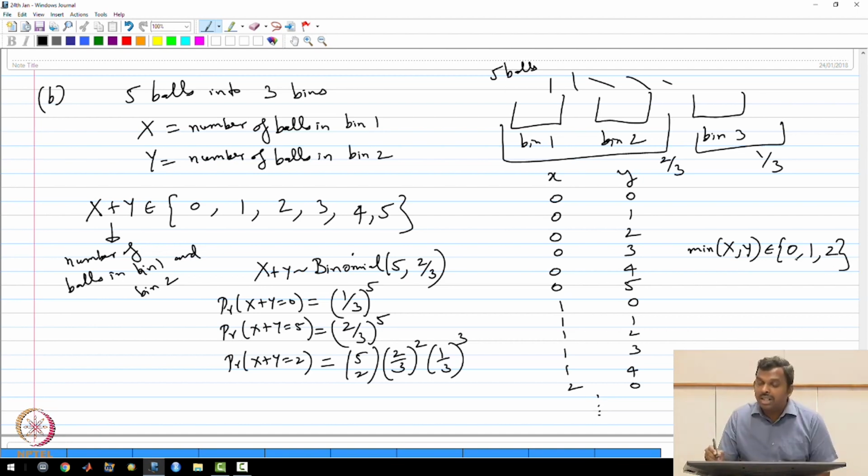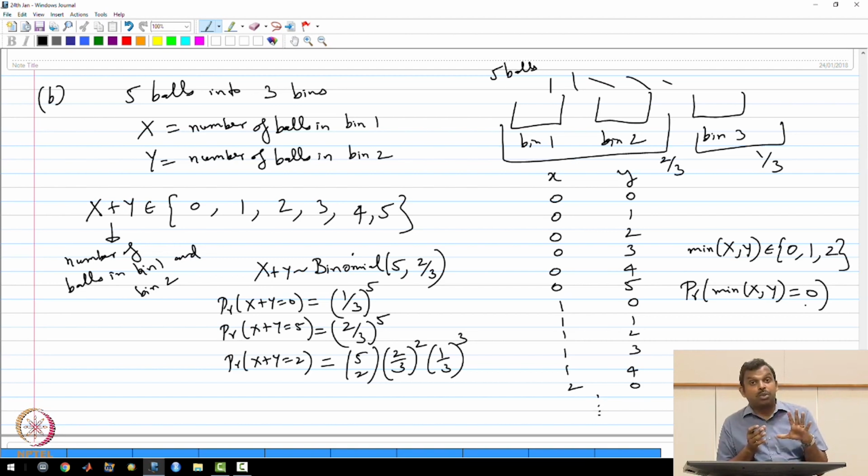So computing probabilities for even min of x, y is quite a bit complicated. Suppose you want to focus on just one value, min of x, y being equal to 0. This can happen if either x is 0 or y is 0, or both are 0. So I have to worry about the probability that x is 0, which you can compute, and the probability that y is 0.